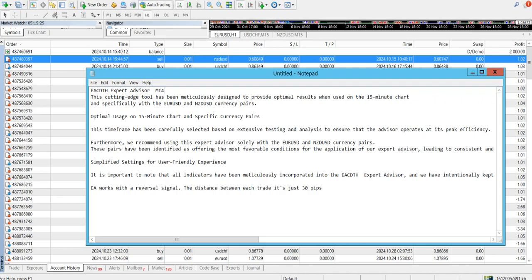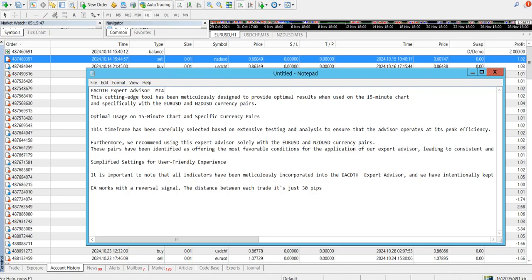Okay, and the EA is very simple to use, and all the indicators or the strategies are very carefully selected and incorporated.